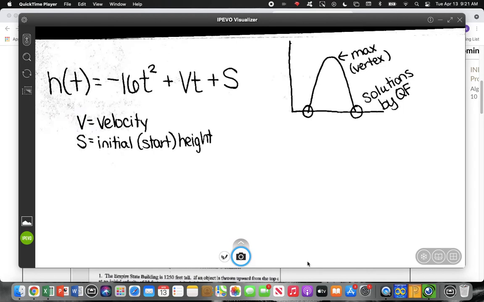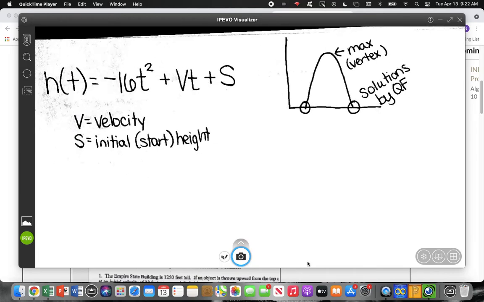And so we are going to have some problems where you might have an object starting from a certain height, and then it's going to go up, and then it's going to come down.